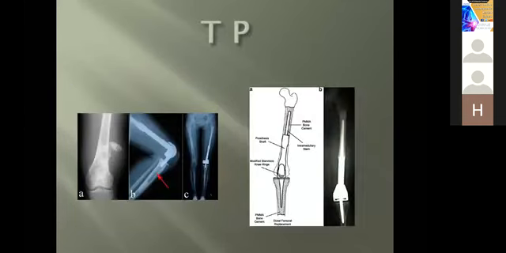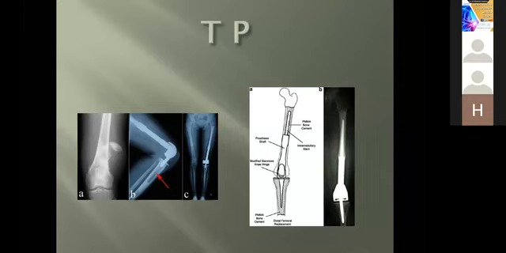Tumor prosthesis is the final end when you have no other choice. This is completely constrained, but on the other hand, the soft tissues are declined altogether. More stability is obtained, but much more stress on the implant-bone interface is introduced.